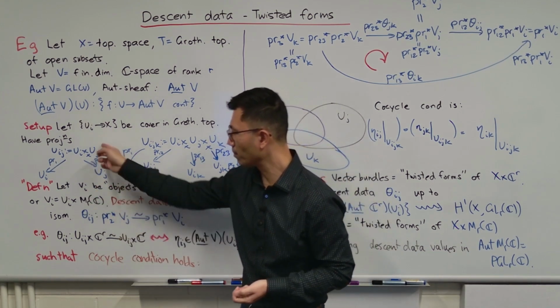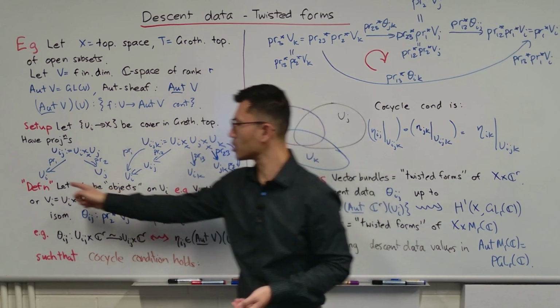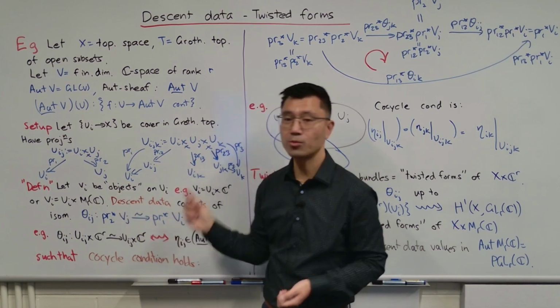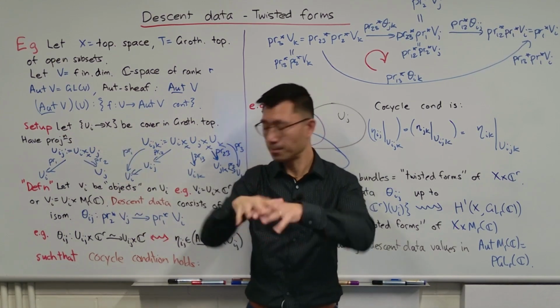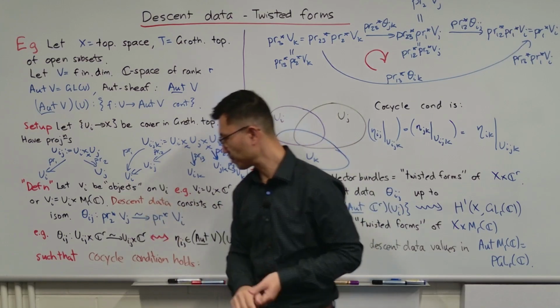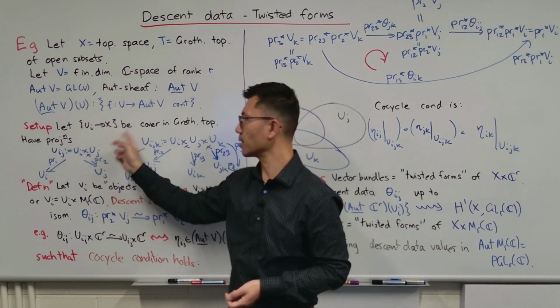Then you're going to pull back V_i, which is on here, up to this U_ij. So these are now objects on U_ij, this fiber product. And you want some isomorphism up on this U_ij. You want to do this for all pairs i, j in this cover.